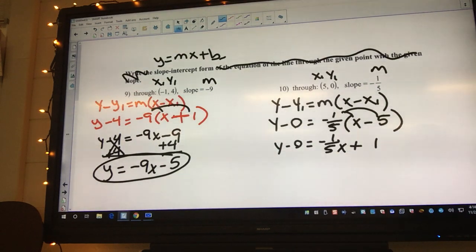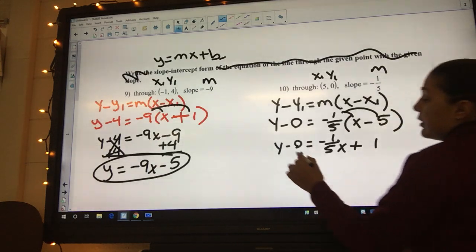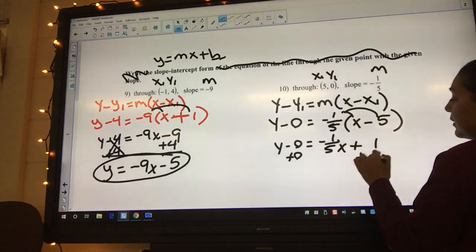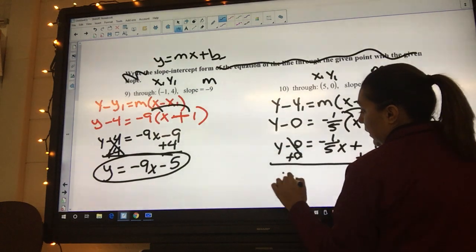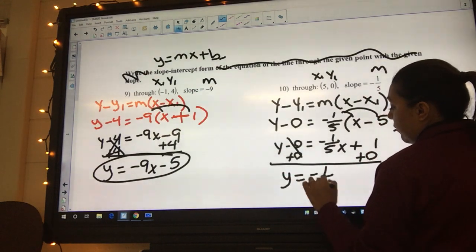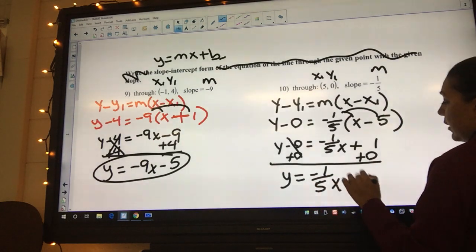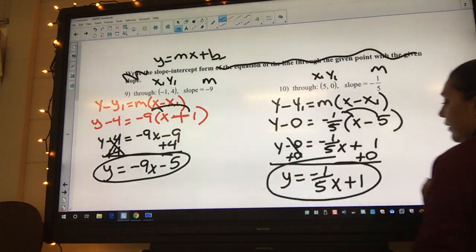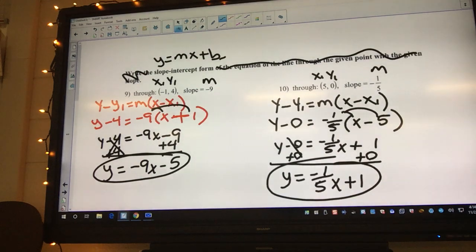And we say, well, is y by itself? Some of you are going to be able to visually see this, some of you aren't. So you can say plus 0, y equals negative 1/5 x plus 1. And now y is all by itself, and so we're done. We did that point slope form.